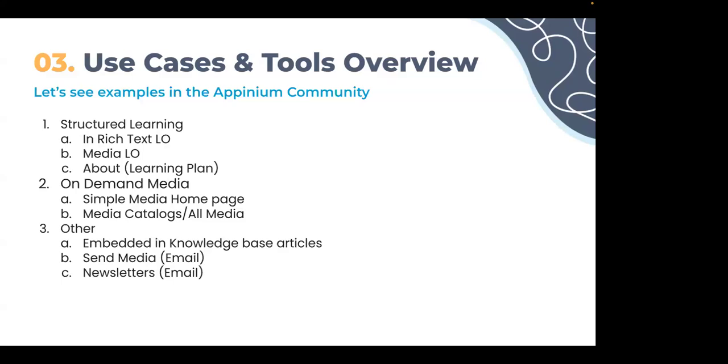Here, watch this. And they can get an email from me and click and launch it and see how to do something. Or if I want to send out a newsletter, and we do have a monthly newsletter at Appinium, instead of hoping people will come into the community to consume media, I can send it out as a part of a newsletter. So I am using videos in all of these.